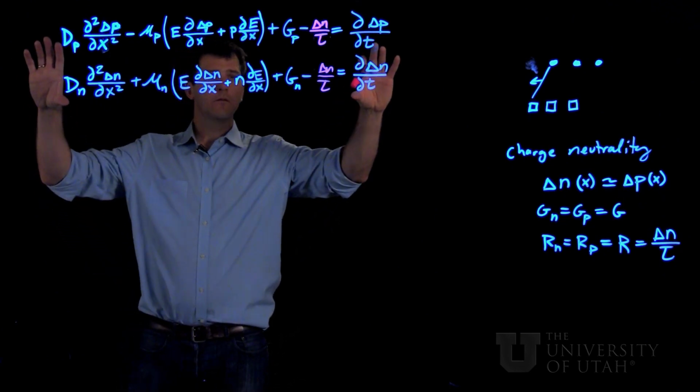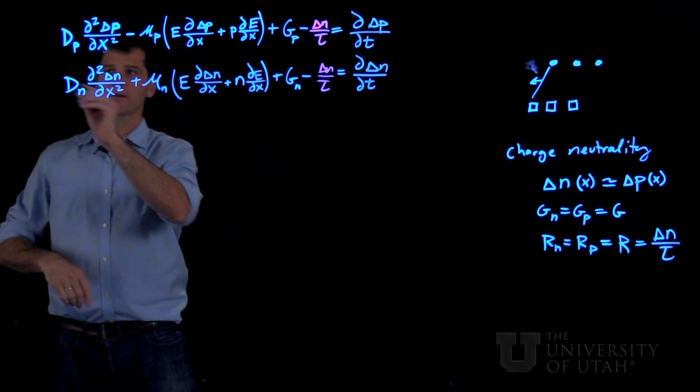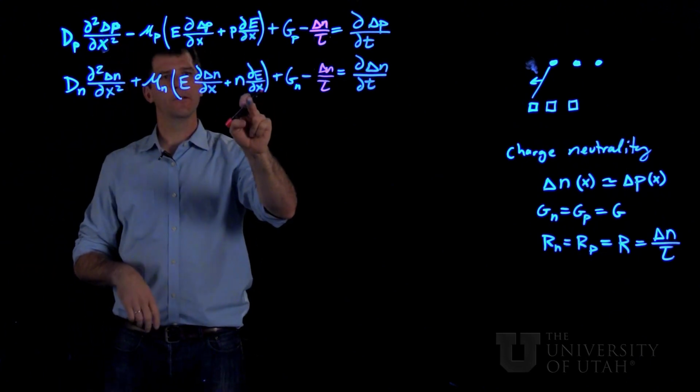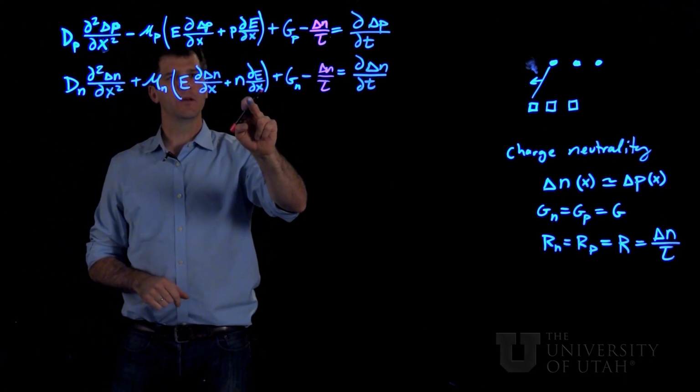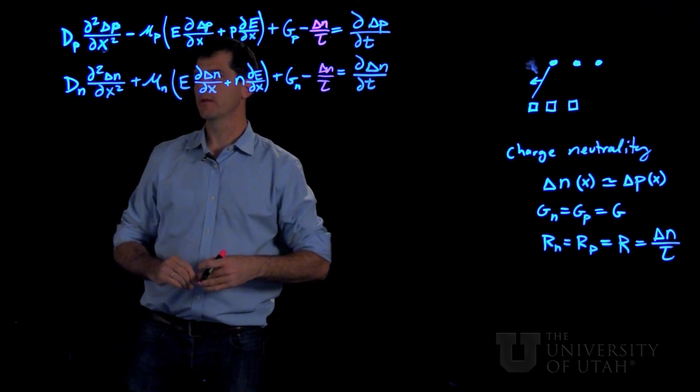Now, we're not sure exactly what to do with these. Let's add them together and see if something good happens. So some of the troublesome terms are these ones here, where you have the movement of charges due to a gradient in the electric field.